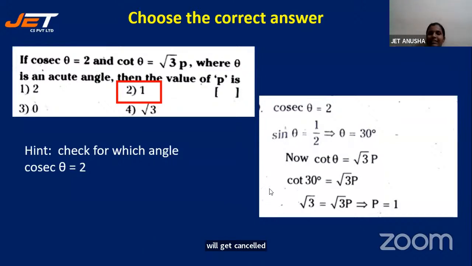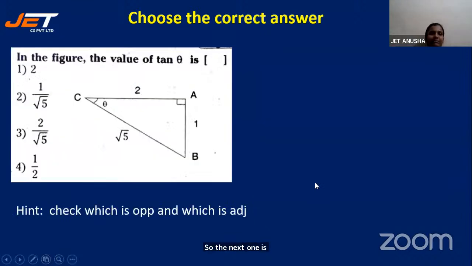So let's go with the next question. In the figure, the value of tan theta is... Check which is opposite and which is adjacent. First option is 2.